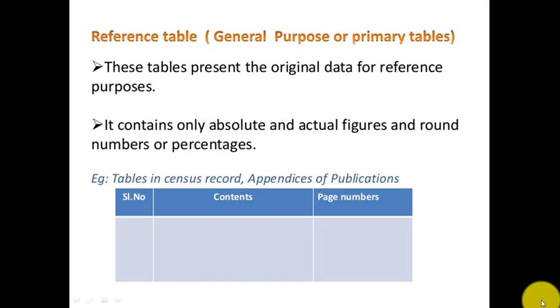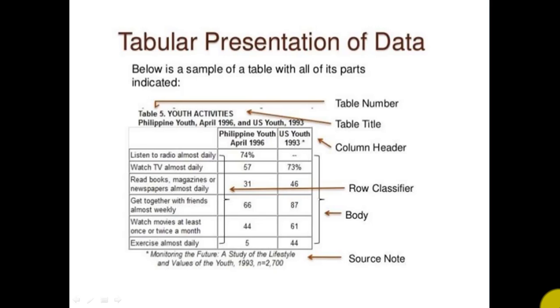Now, tabular presentation of data in the sample we are discussing over here. Samples of the table with all its parts indicated. It is table number, table title, column heading, row classifier, what are the different values we have written in the rows.